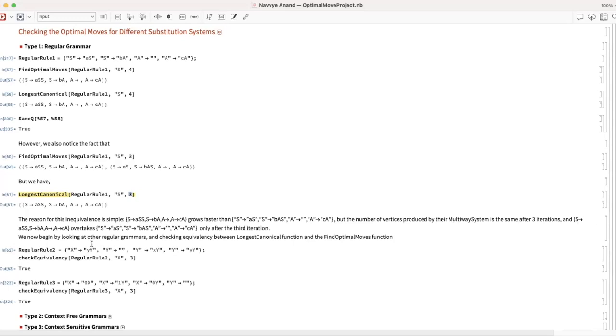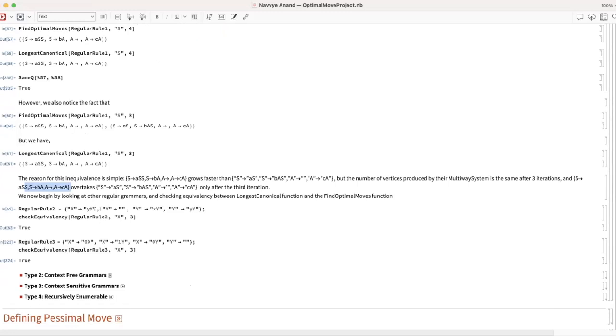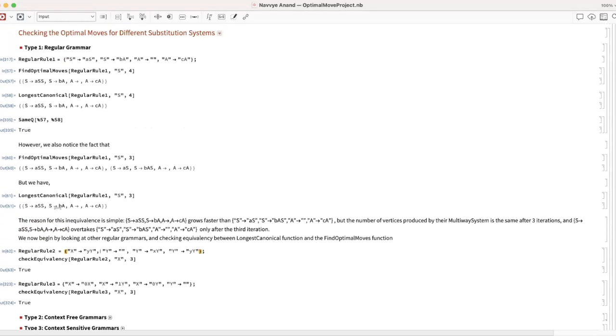But S goes to A, S goes to B, A goes to blank string, and A goes to CA, the first one, overtakes the second one after the third iteration. Therefore, you can see that there's an equivalence in this. However, as the states continue to grow, as you increase the steps, the inequivalence disappears and the equivalence works.